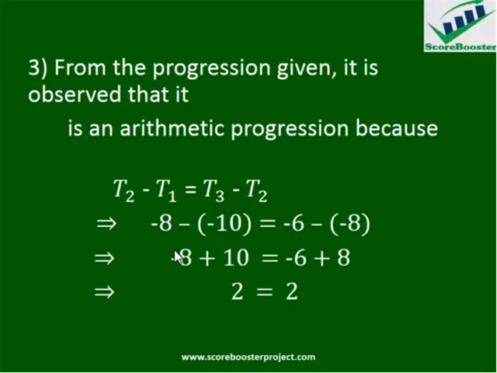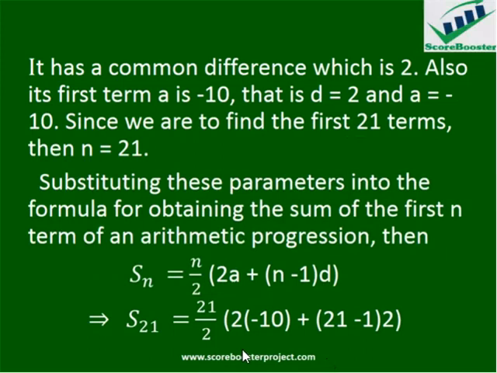So minus 8 minus minus 10 will give minus 8 plus 10, which is 2, and minus 6 plus 8 will give 2. Since it has a unique common difference 2, then it is an arithmetic progression.